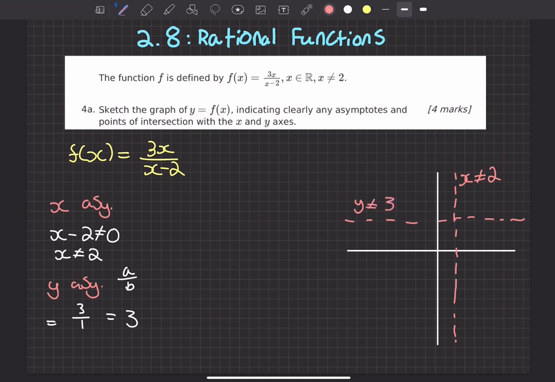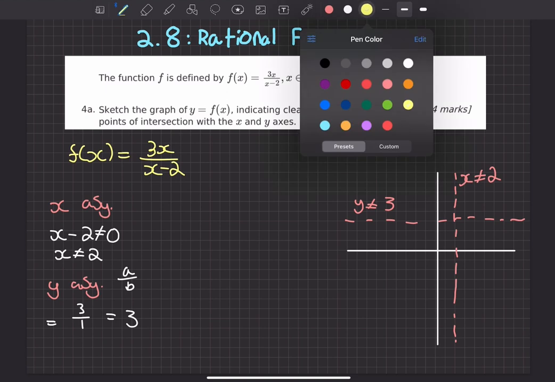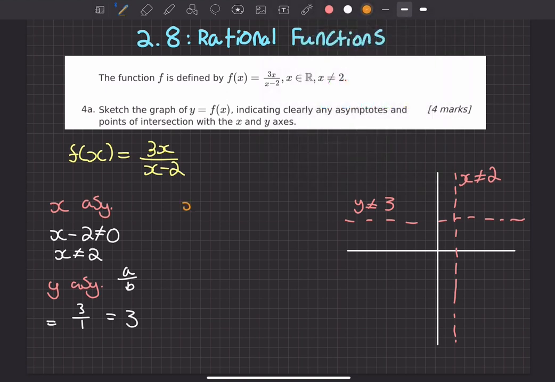And next, let's do our intercepts. So let's use orange here. So our x-intercept, right, is when y equals 0. So it's when 3x over x minus 2 equals 0. And you just bring the x minus 2 across, and you have 3x equals 0, x equals 0, right?